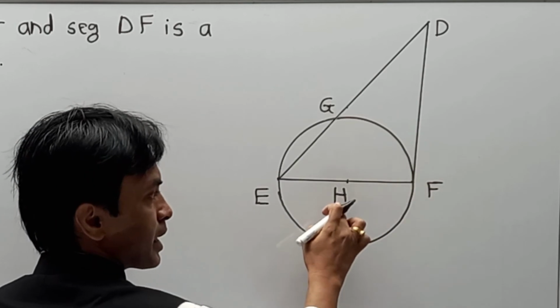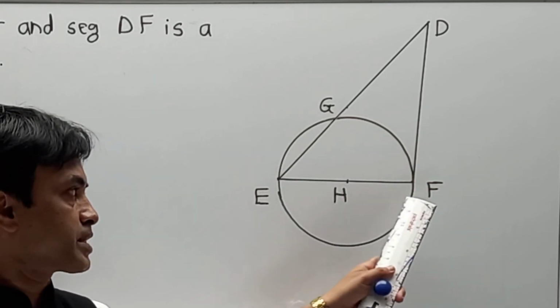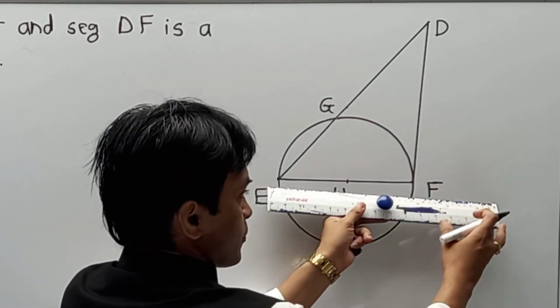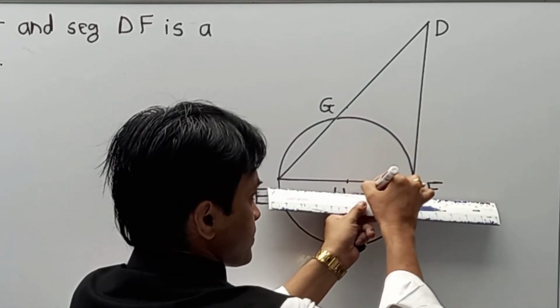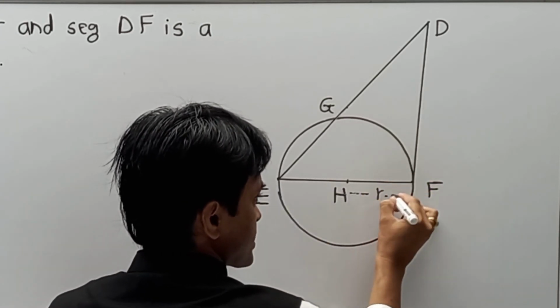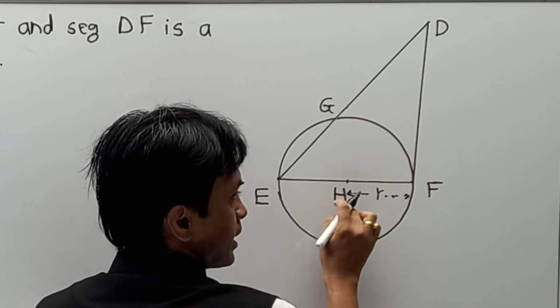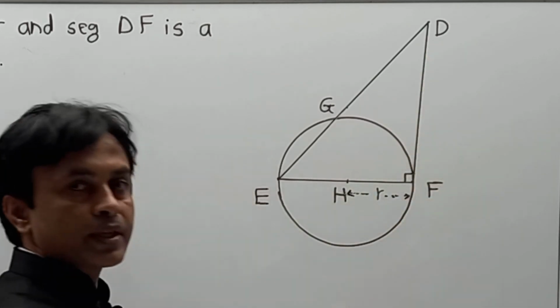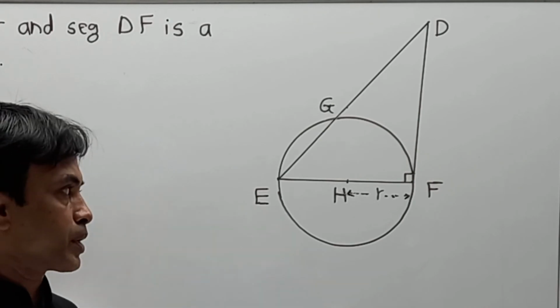Naturally, EF is a diameter, so H is the center of the circle. Then the first part, this HF must be a radius of the circle. If it is a radius and DF is a tangent, then this angle must be 90 degrees. This is the first part that you must be able to understand.